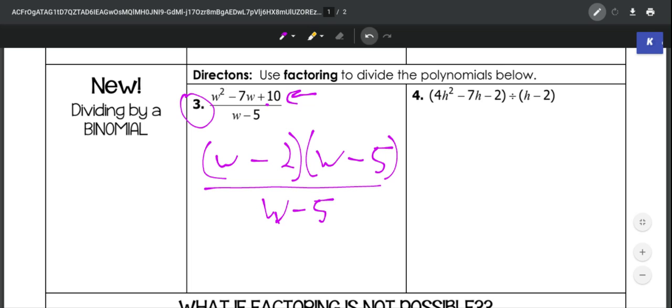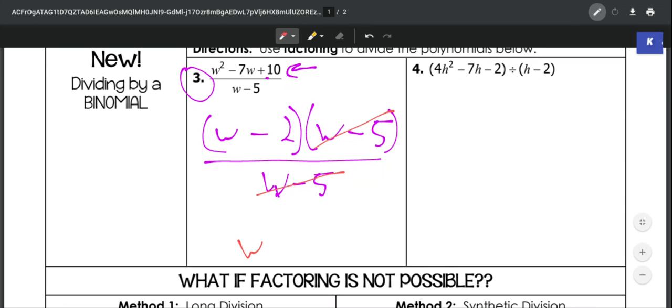Now that's going to allow us to cancel out w minus 5 and w minus 5, and we'll be left with w minus 2. So those are the pretty easy, simple, straightforward ones, and you'll probably only have like one of these on your homework. We're not going to focus too much on that.